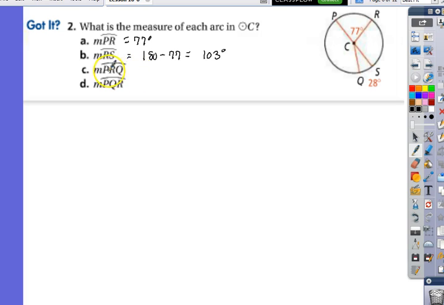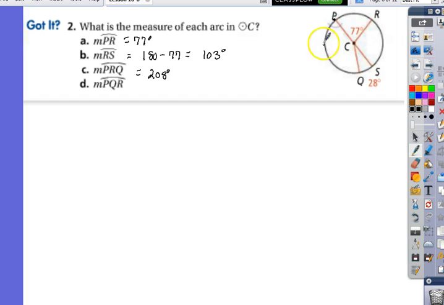All right. So the measure of arc PRQ, what's that? PRQ would be what? I heard 208. How did you get that? 180 plus 28. Yep. Semicircle is 180 plus another 28. What about the measure of PQR?